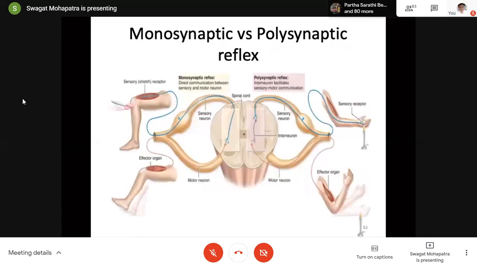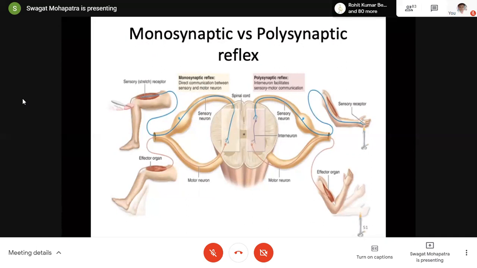Now this is one difference between monosynaptic versus polysynaptic reflex. Here you can see, this one is a knee hammer. I hope all of you can see. This is a knee hammer.